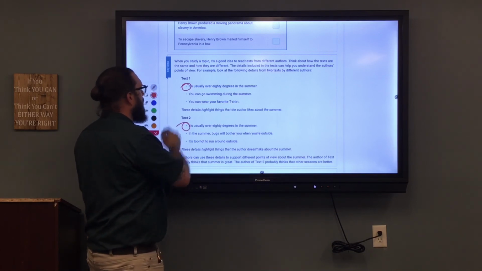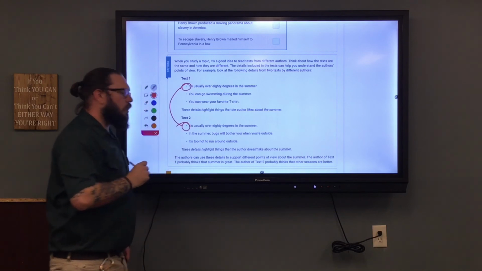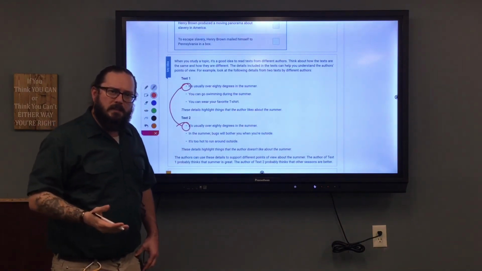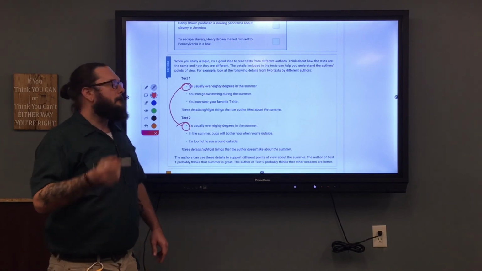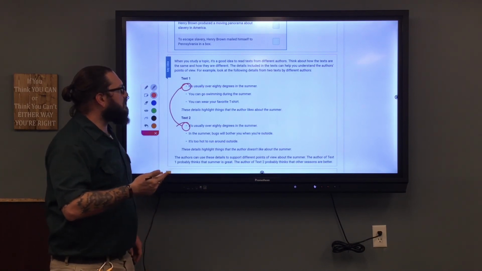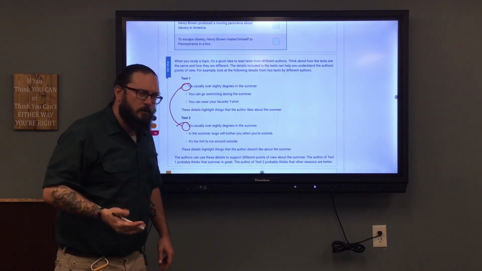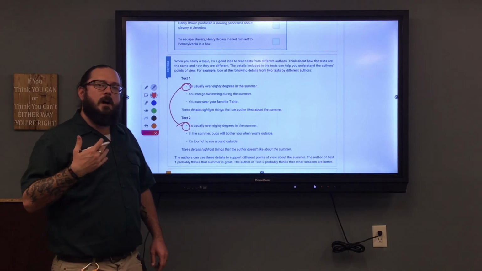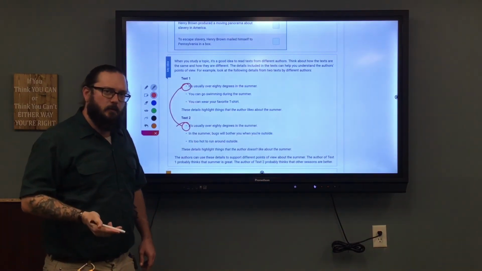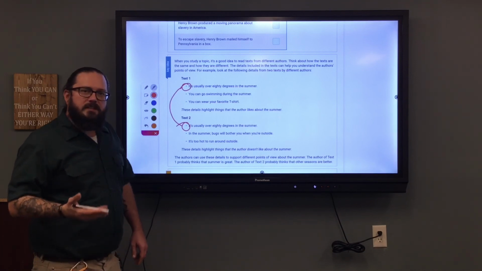It's usually over 80 degrees in the summer. Okay, so here we see that they are in agreement about the point. They are both agreeing about a particular fact, but one author is using this as a reason why he or she likes summer. The other author is using it as a reason why he or she doesn't like summer. Where do their points differ?